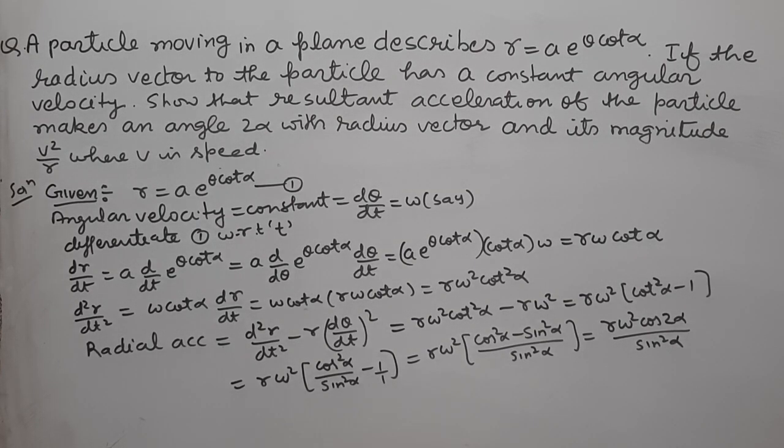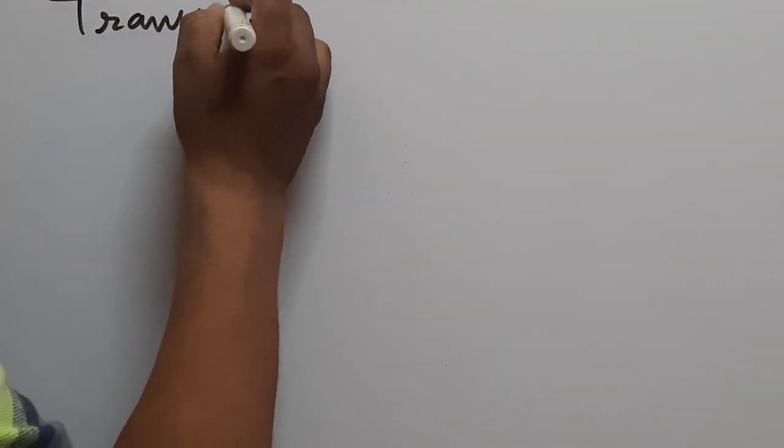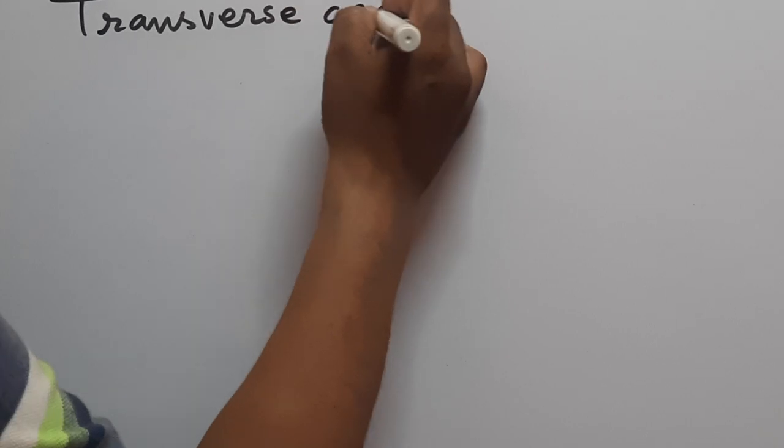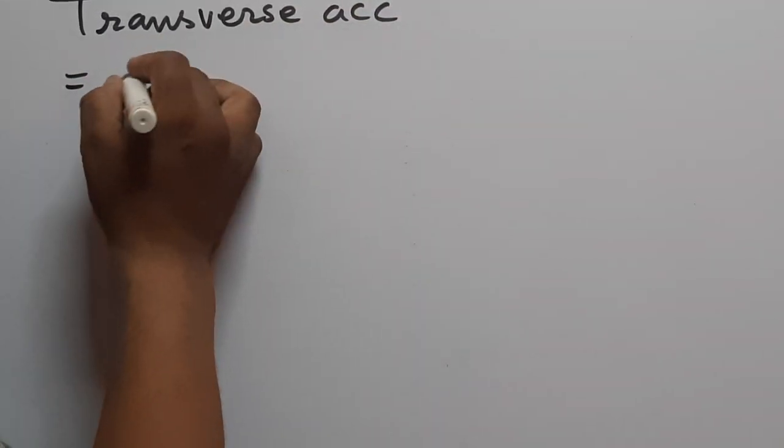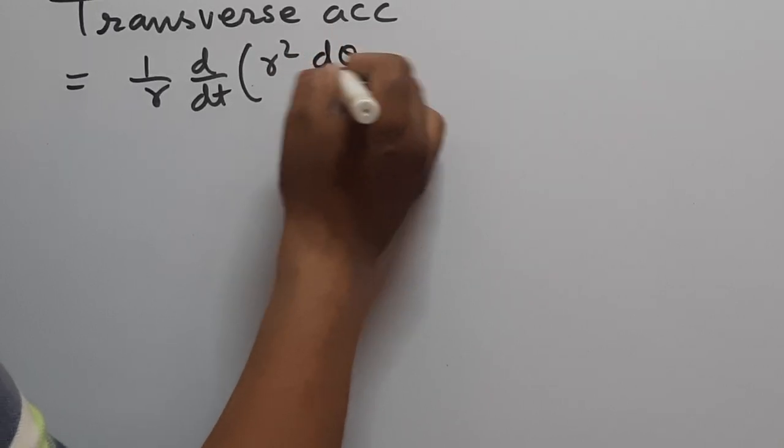Now we find transverse acceleration. So for finding transverse acceleration, we know that transverse acceleration is equal to 1 upon r d by dt of r square d theta upon dt.